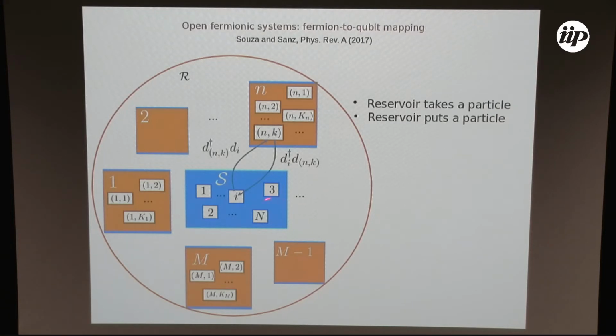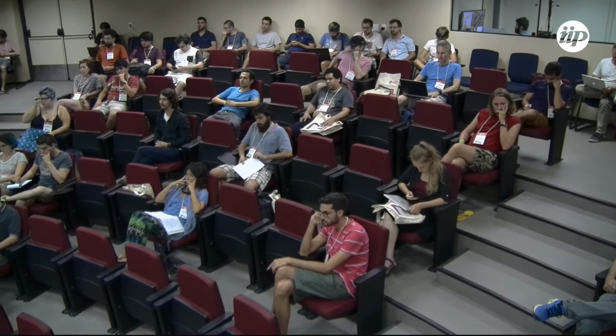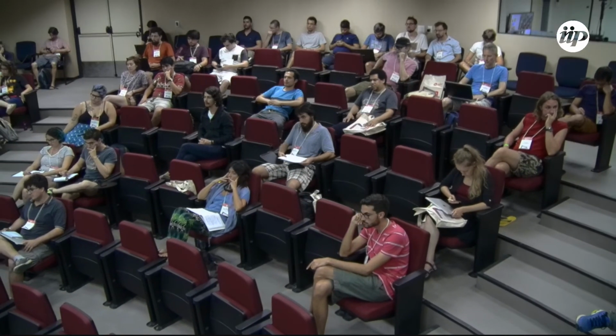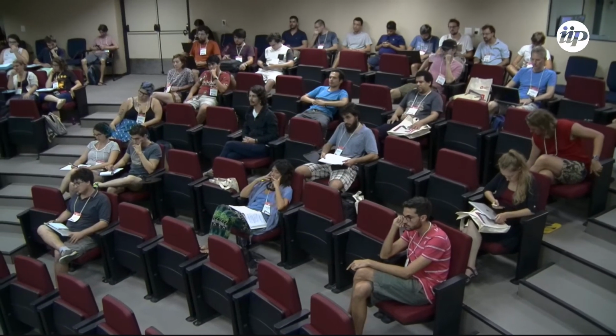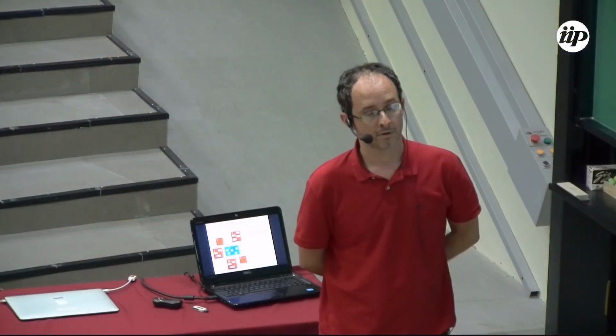And for instance, let's say that we have a system here composed of an arbitrary number of quantum dots or levels, and this system is attached to many reservoirs. So you can have, for instance, reservoir 1 behave like a source of particles, reservoir N operate as a drain of particles, so you can have a current flowing in this system. Okay, so you have an open system out of equilibrium, right?